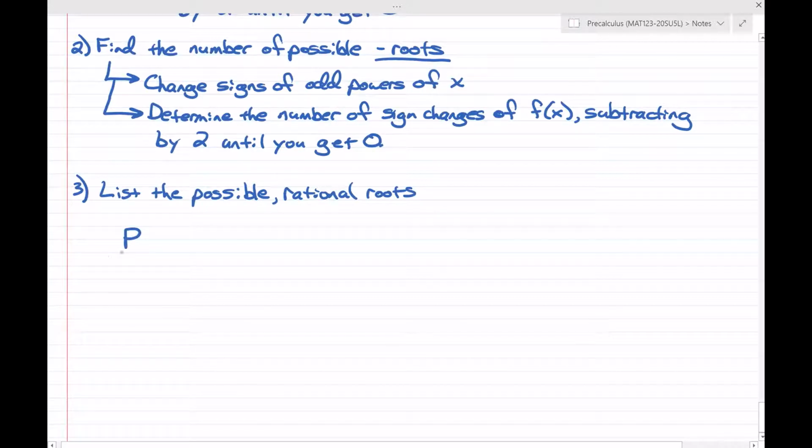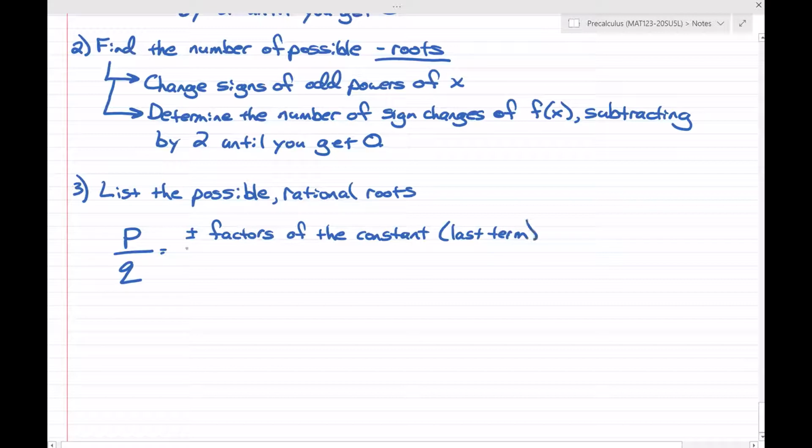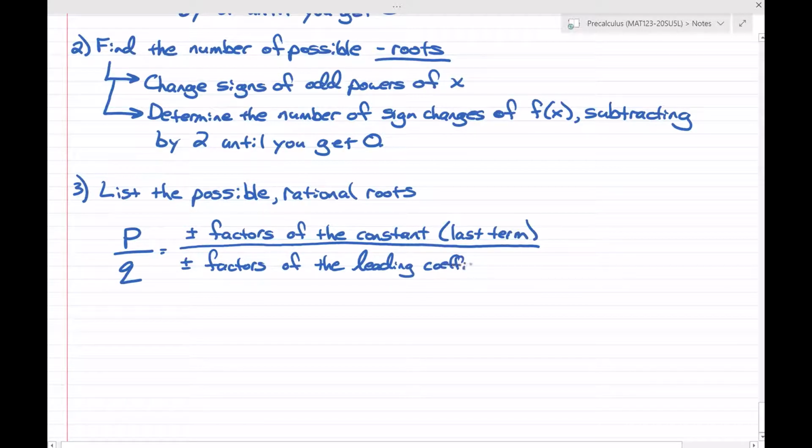And those take the form of p over q, where p represents plus or minus factors of the constant or last term, and q represents plus or minus factors of the leading coefficient, or first term.